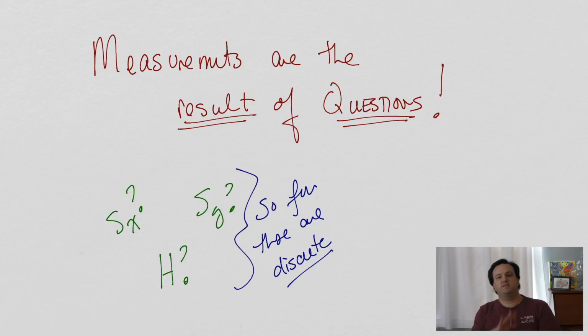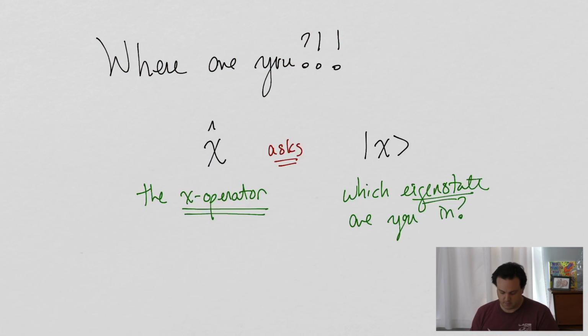So far, though, everything we've talked about has been discrete. That is, there have only been a set number of possible measurements, and those measurements all had integer values, I could line them up, right? So now I'm going to ask perhaps the most sophisticated question that you can ask in quantum mechanics, at least up until this far, and that question is, where are you?